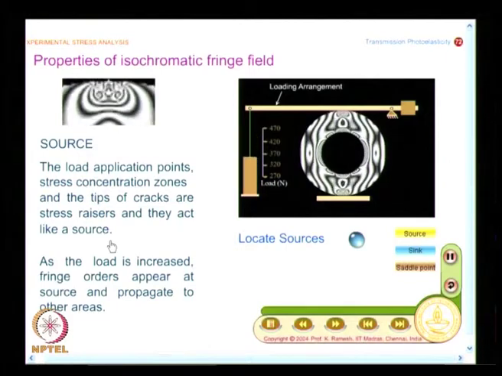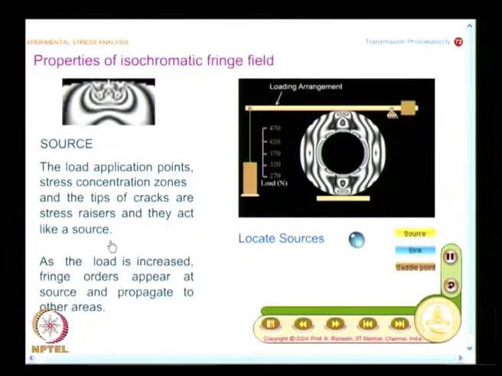So, what happens is, when you increase the load, the fringes start to appear from this source and move out as the load is increased. These are the fringes that come first when load is applied. As the load is increased, fringes originate, and if you label a fringe order, the fringe order moves with the fringe as the load is increased.